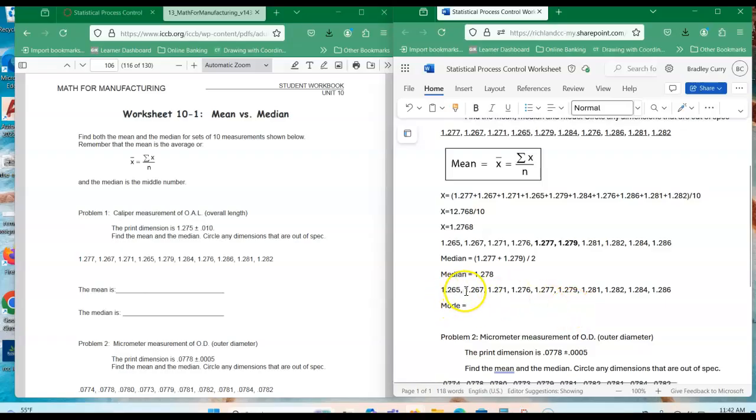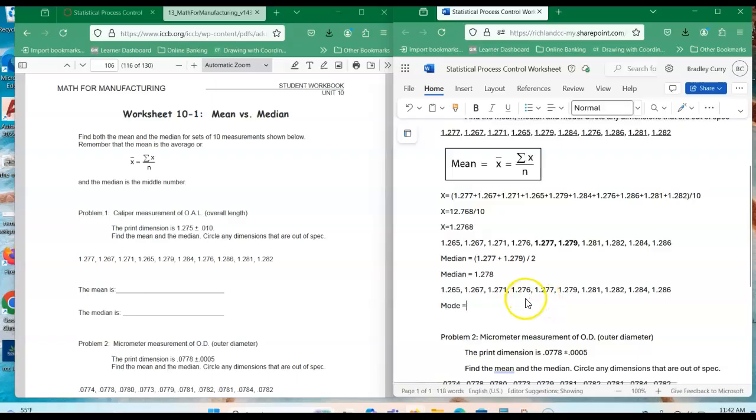So if you sit here and think about it, do I have any mode or any of these values that occur more than once? Well, in this particular data set, as I look through, there is no number that repeats itself more than once. Now that would be kind of rare.